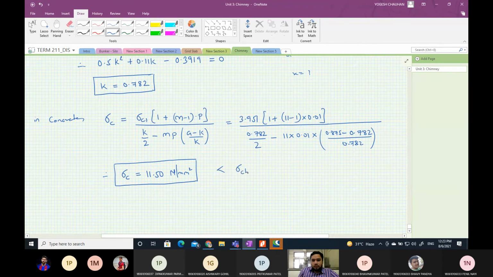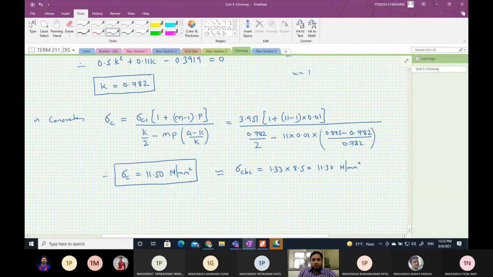Again, this is less than sigma CBC, which is equal to, wait a minute, 1.33 times 8.5, or it is very close to this, 33% increase. 1.33 into 8.5, which is around 11.30 Newton per mm square.